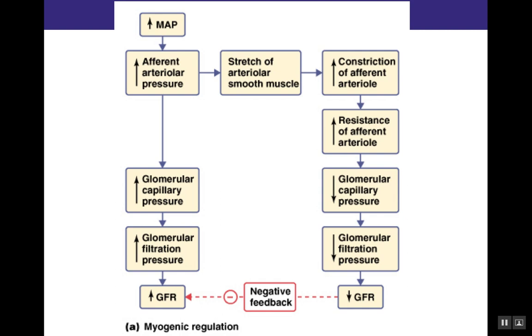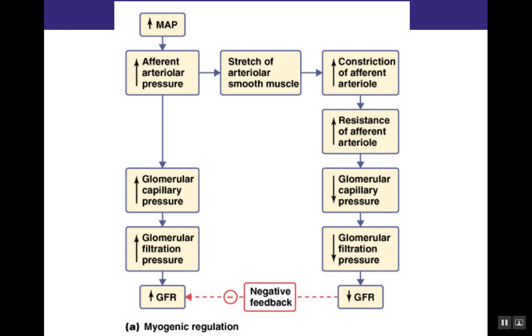So you're going to get an increase in constriction of these afferent arterioles, an increase in the resistance at that site, which is going to lead to a decrease in glomerular capillary pressure, a decrease in the net filtration pressure, and ultimately a decrease in glomerular filtration rate.